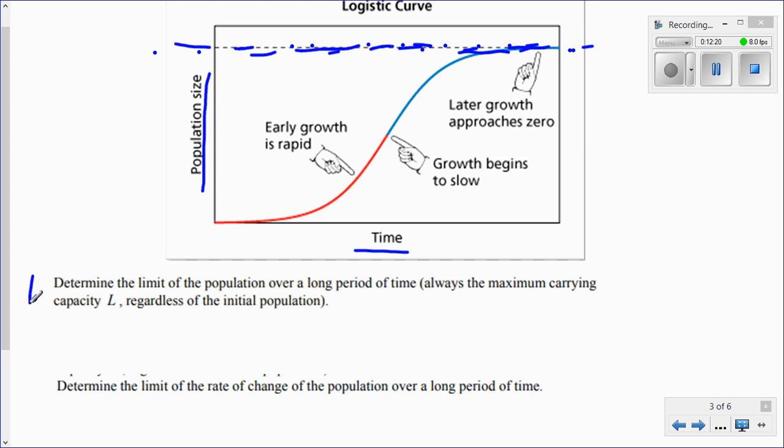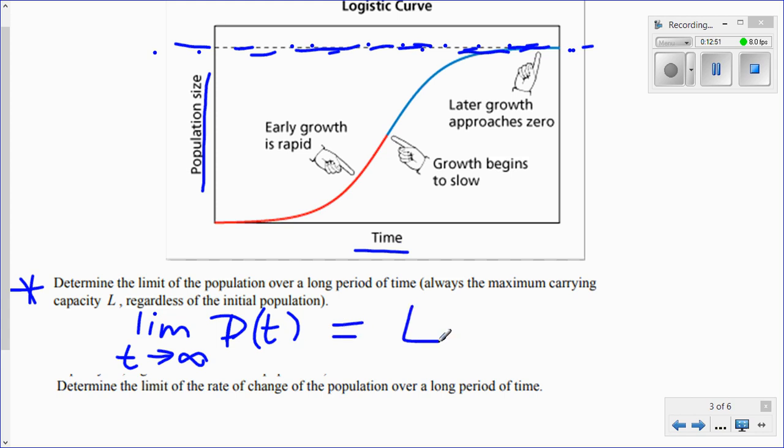So one of the things you want to be able to do in these problems is determine the limit of the population over a long period of time. This is always the carrying capacity, and it's regardless of the initial population. Okay, so what we're saying here is that the limit as t approaches infinity of P of t equals that carrying capacity, or is equal to L.